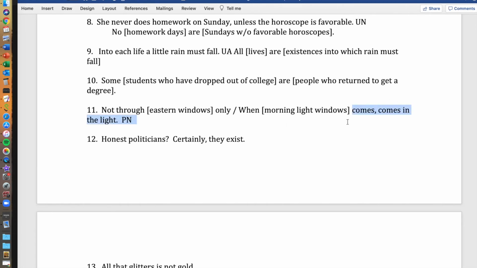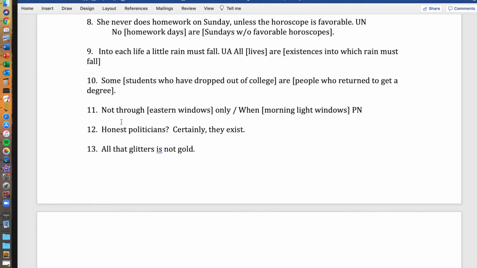And then, of course, because this is written in poetic language, it may not necessarily follow that we have our subject and predicate term in that order. And in fact, if you actually think what the poem is saying, not through eastern windows only when morning comes in the light, right? It actually makes more sense to switch the positions of the terms as they appear in the natural language or poetic sentence, so that they're in a different position in the two-term logical statement, right?